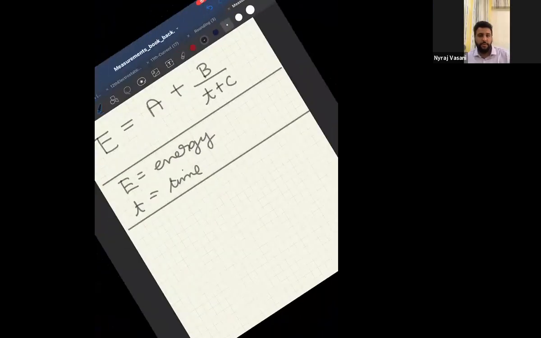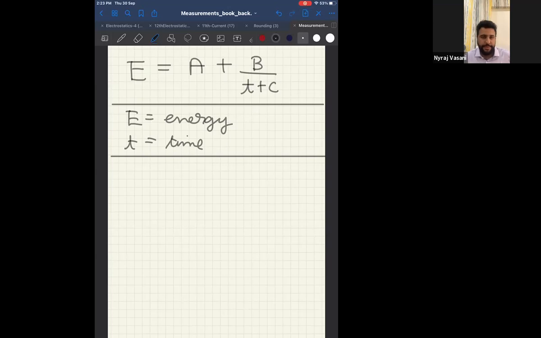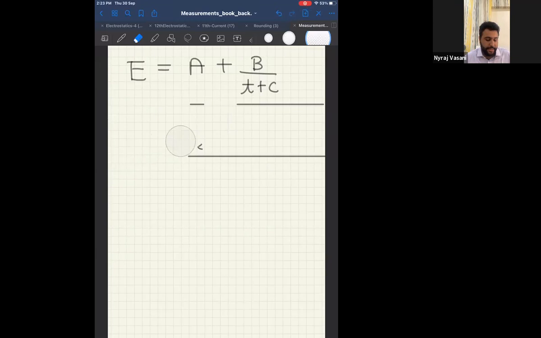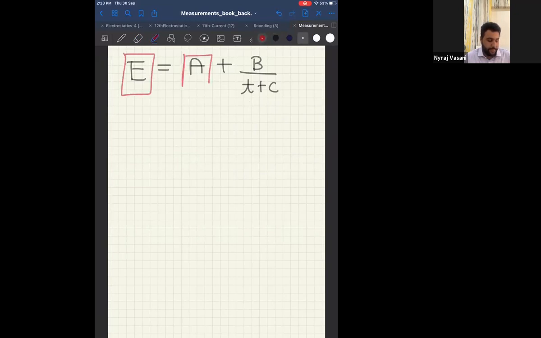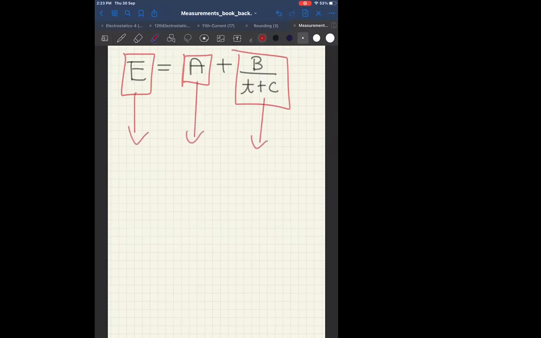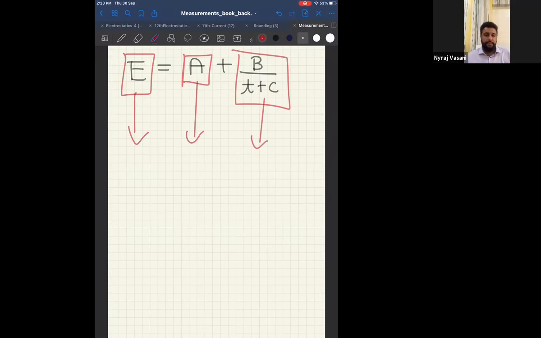E is equal to A plus B divided by T plus C. Now listen to the logic very well. Since I told you that this equation is dimensionally correct, can I say that this box and this box all will have the same unit? All will have the same unit. What is the unit of energy?